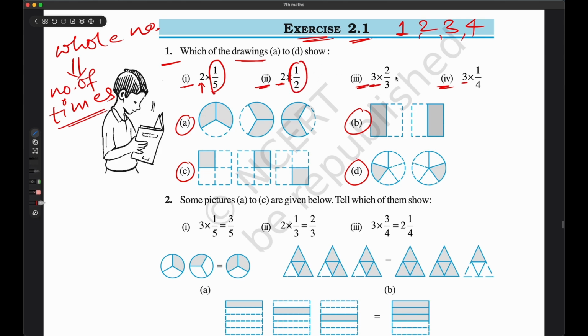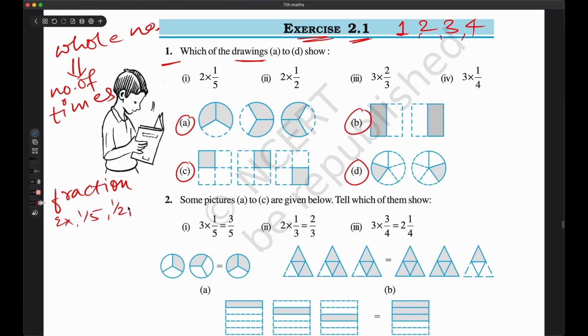Here 3 times we are repeating 2 by 3, and here 3 times we are repeating 1 by 4. So the whole number represents the number of times, and the fraction, that is 1 by 5, 1 by 2, 2 by 3 and 1 by 4, is the fraction. For example, it is given 1 by 5, 1 by 2, 2 by 3.